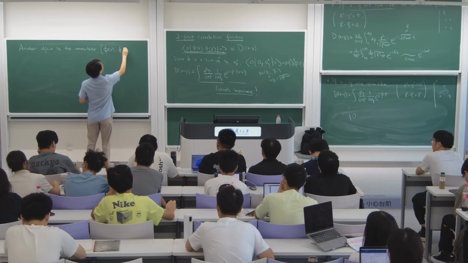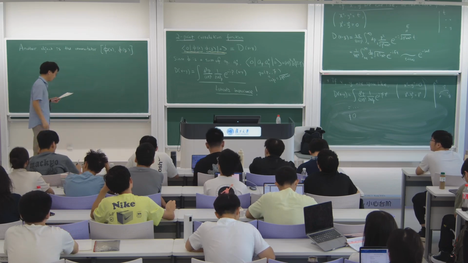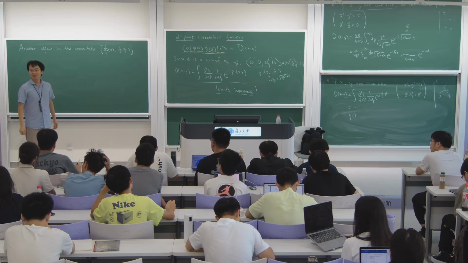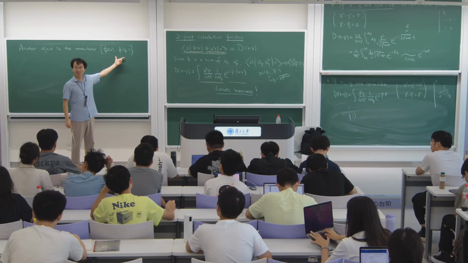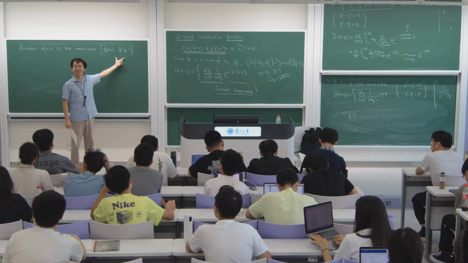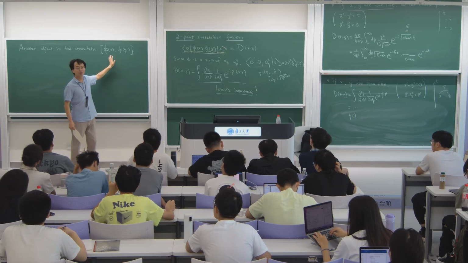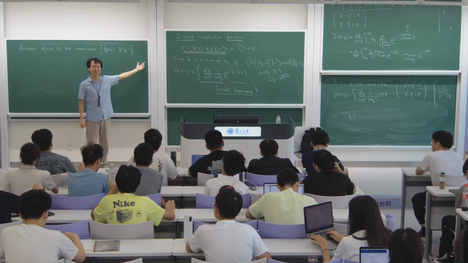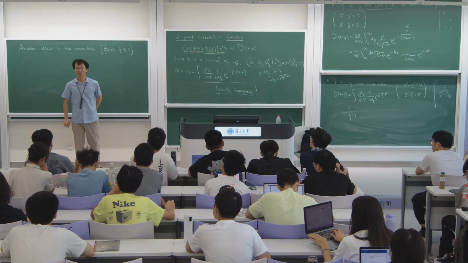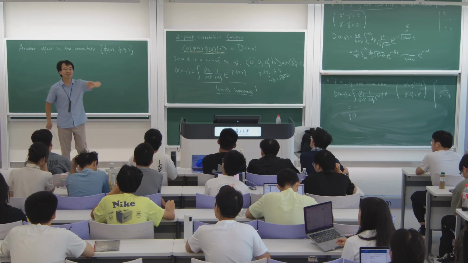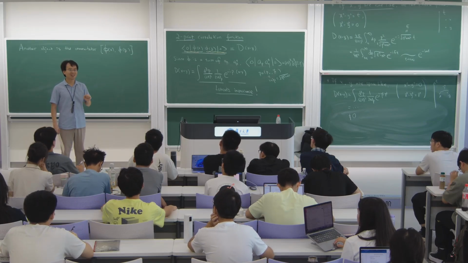You will agree that this is their commutator. Now if I hand you such a commutator, you should immediately realize that this is a number. Can you see why this should be a number? The output of this commutator should be a number. It's not an operator anymore. Why? Because phi is some highly non-trivial linear combination of a and a dagger, okay?